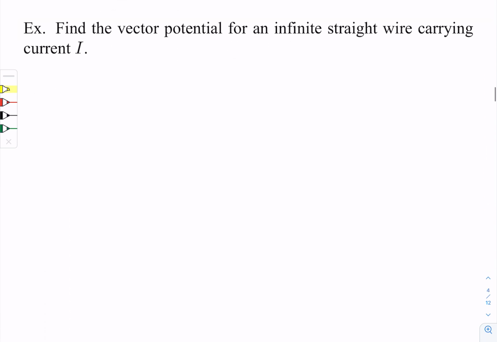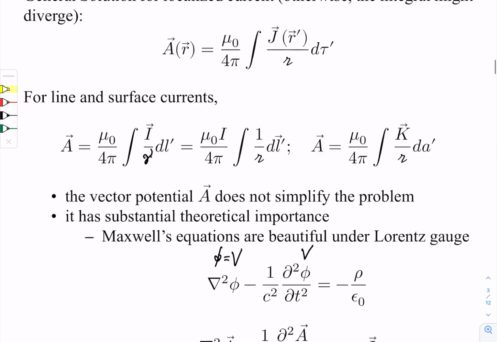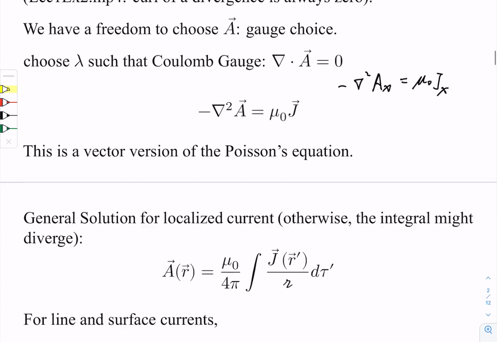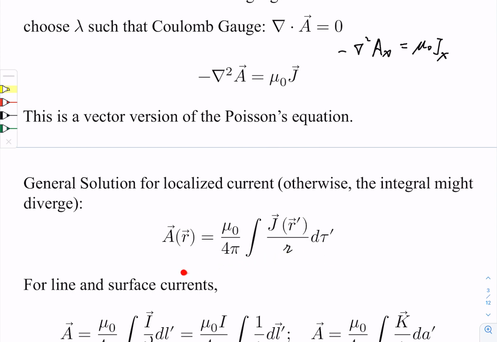Now let's try to get some sense about the vector potential. So I said earlier that this equation here is for a localized current, because for delocalized currents you might encounter some divergence, and this equation might not yield you anything.